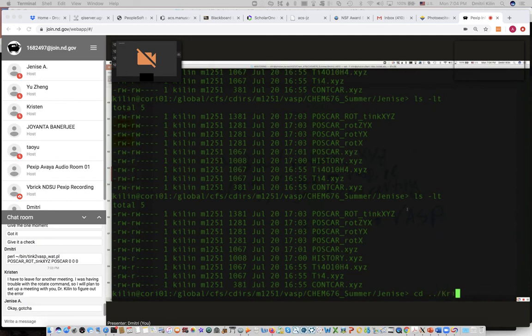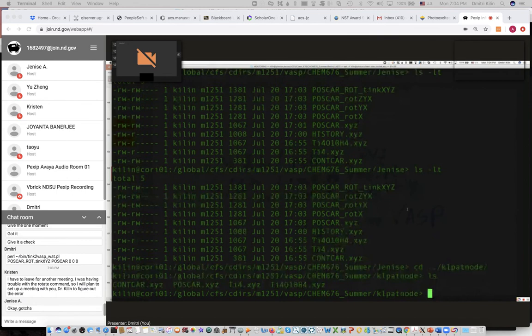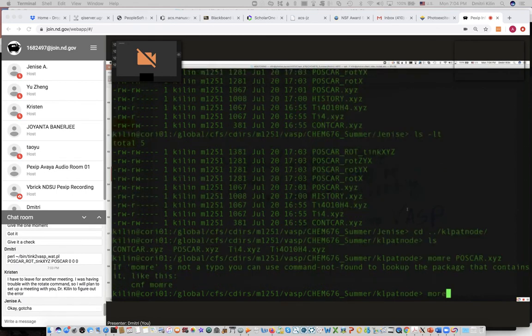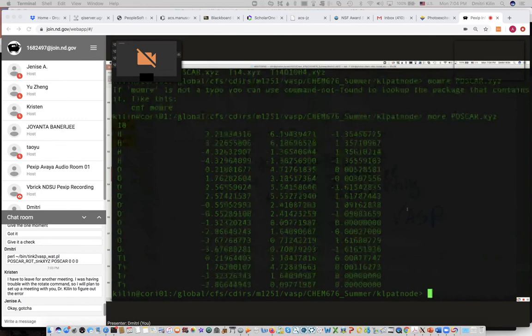More postcard. So, Kristen, you need to insert an empty line between 18 and the first hydrogen.